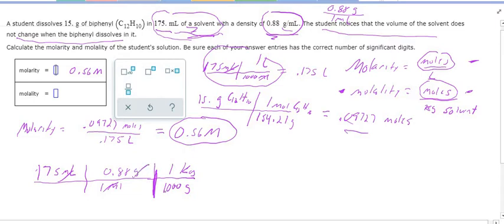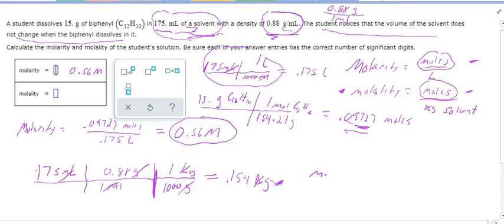My units again will cancel, and this is a true statement. There are 1,000 grams in 1 kilogram. When I do that math, I get 0.154 kilograms. That's kilograms. And so I have moles right here per kilogram of solvent, which I solved for right there.